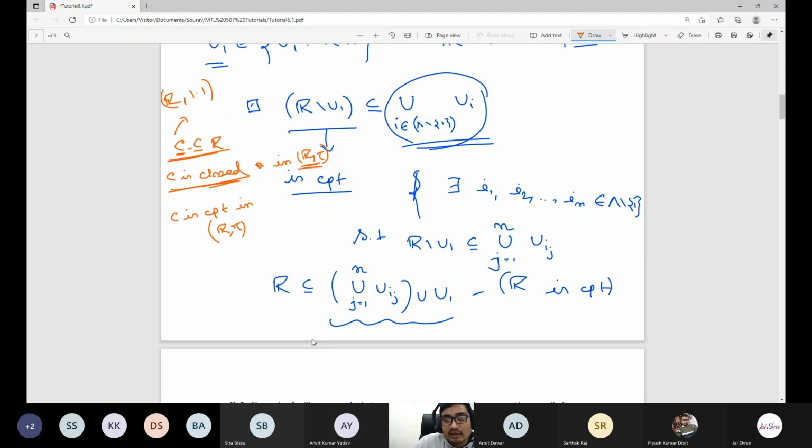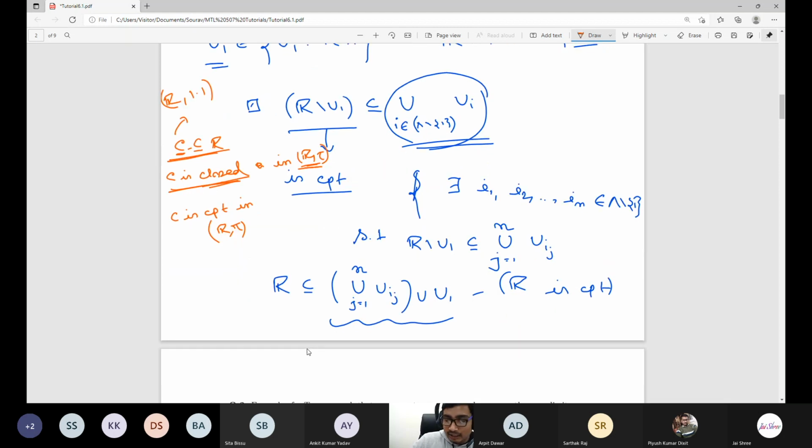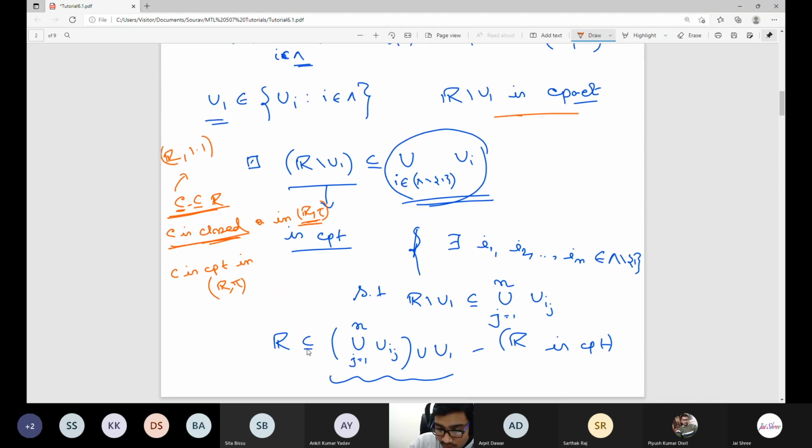If you can find some set which is not closed but compact, then it will be very nice for you. Actually, I have got a set which is not open, but it is not compact.